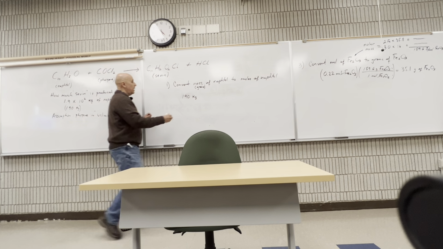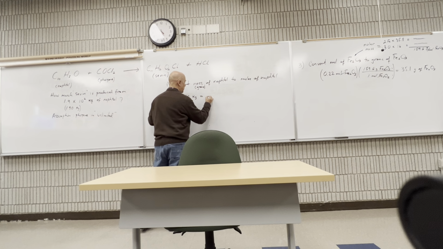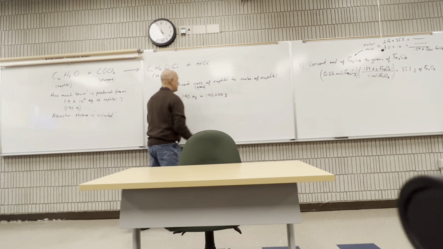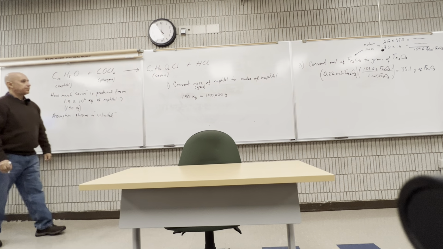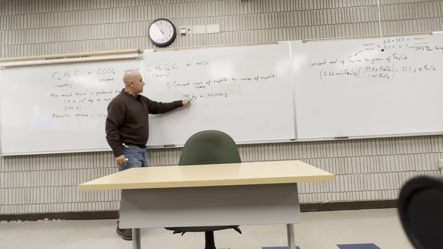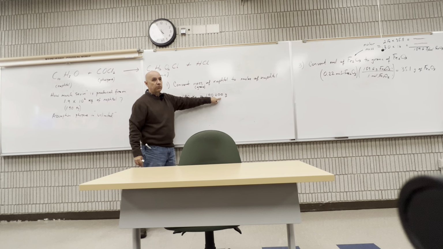So 190 kilograms equals 190,000 grams. We don't need to go through the steps on how to do that. You should be able to remember that kilo means 1,000, so I just put 1,000, 3 zeros there.